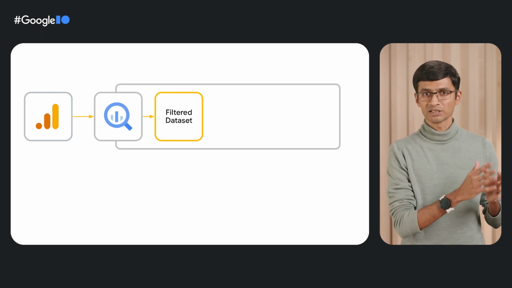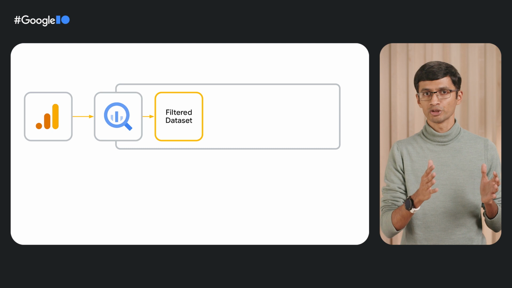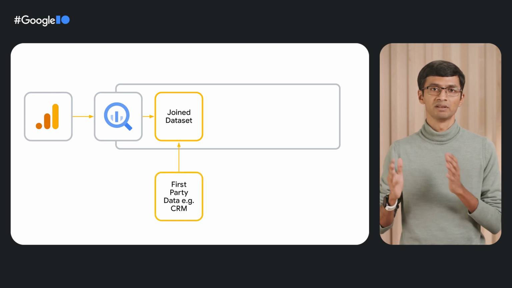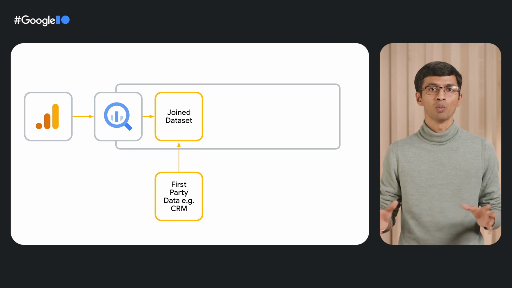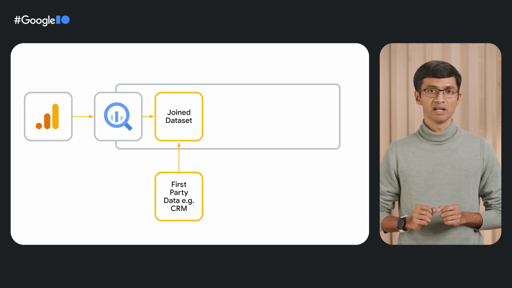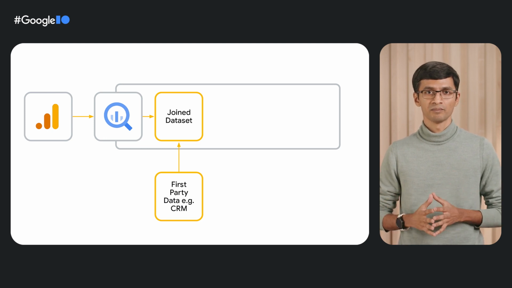From the BigQuery export dataset, they first filter records with user IDs. This new dataset is then joined with their first-party CRM data within BigQuery using user ID as the key. This joint dataset acts as the base for their analysis.